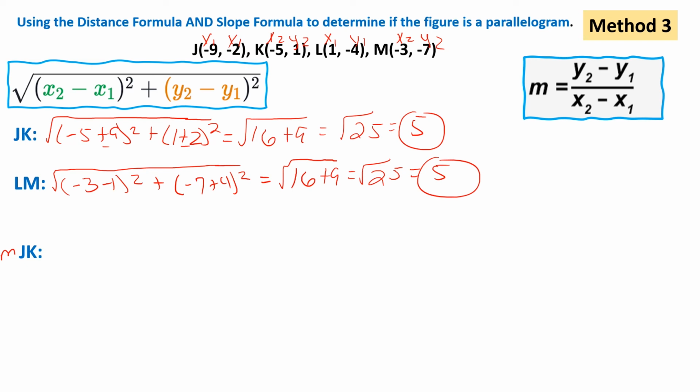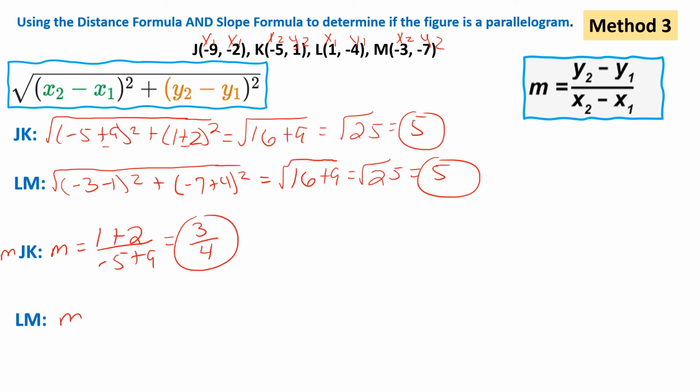That's going to be M is equal to 1 plus 2, because I have that double negative, and negative 5 plus 9, again, that double negative. And that would be 3 over 1 plus 2 is 3, negative 5 plus 9 is 4. So I get 3/4.